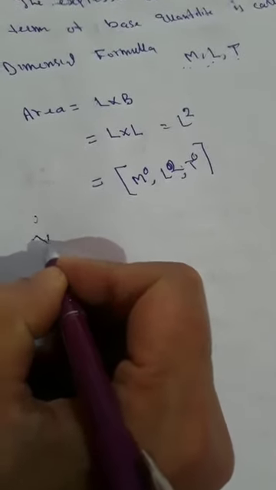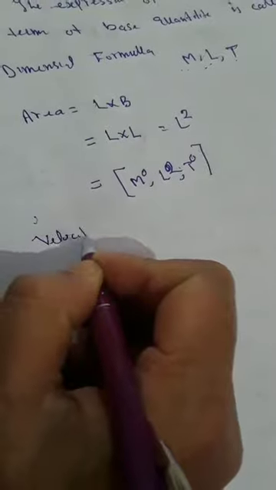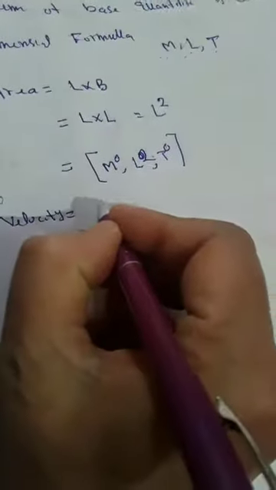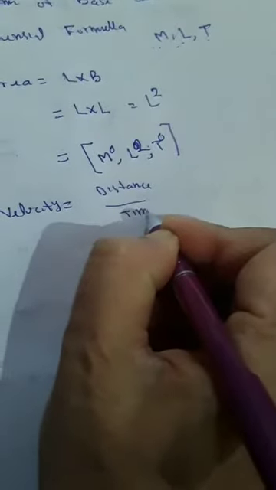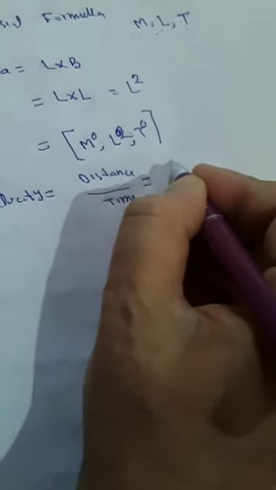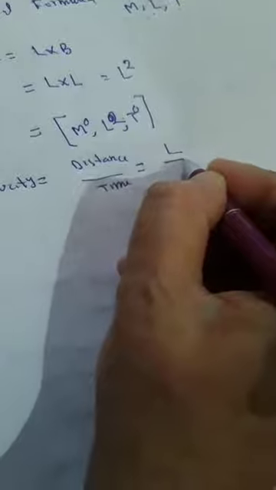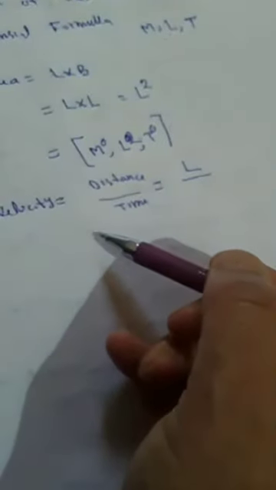Suppose we take another example, which you have studied in class 11: velocity. As we know, velocity is equal to distance divided by time. Distance is length. Distance means how far a body is from one point to another.